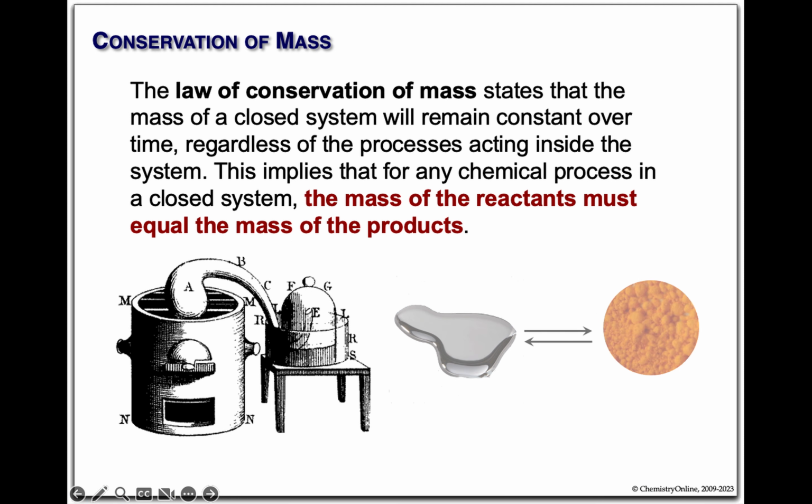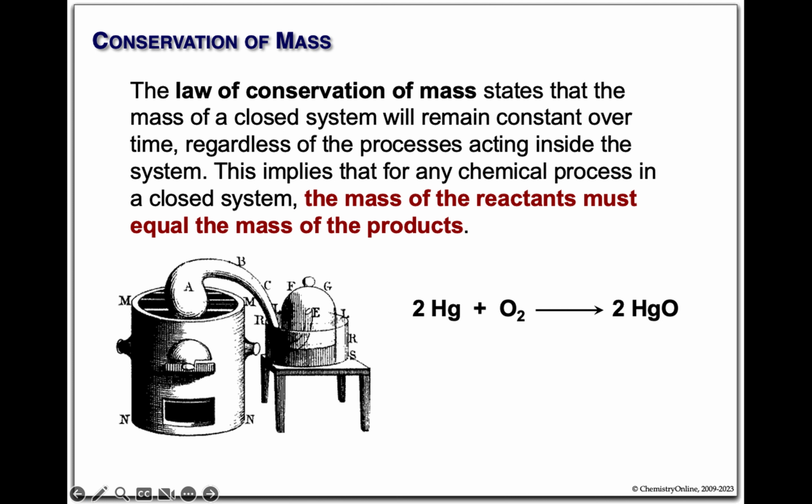Here's the equation: mercury plus oxygen gives mercury 2 oxide, mercury 2 oxide gives mercury and oxygen. What he did was to put the stuff in one spot, heat it up, boil it over, and weigh it carefully. And he demonstrated the mass of reactants equals the mass of the products. For its day, this was stunning. It really was.